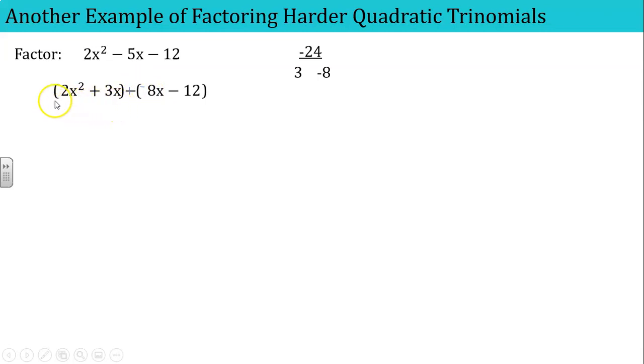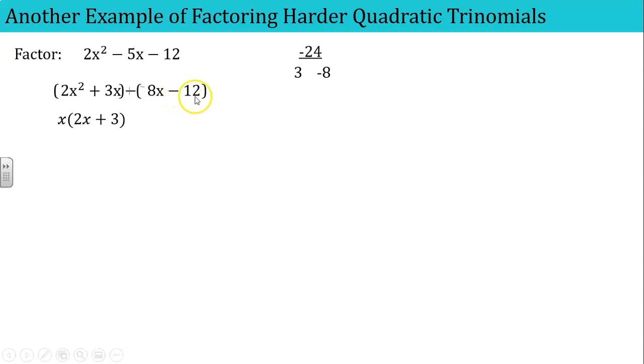So first I'm looking at the greatest common factor of this first set of parentheses. And the only thing they have in common is an x. So if I pull an x out of both of those terms, if I divide both of those terms by x, it leaves me with 2x plus 3. And then I haven't discussed what to do next. If they're both negative, you're actually pulling out a negative greatest common factor.